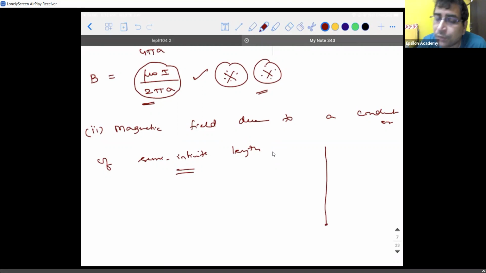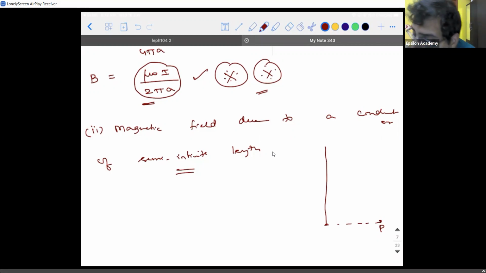In the previous case, I took a point P which has an equal share on both sides. That is why I could get alpha as pi by 2 and beta as pi by 2. Whereas if I take a point P exactly at one end of the conductor, then the other end of the conductor with respect to point P is definitely going to be a point of infinite length.